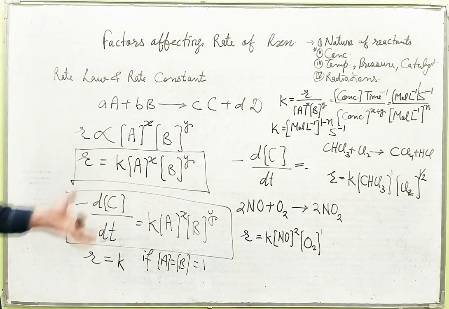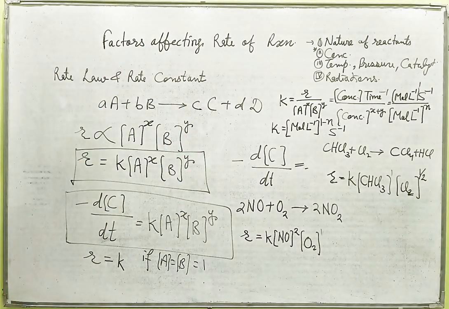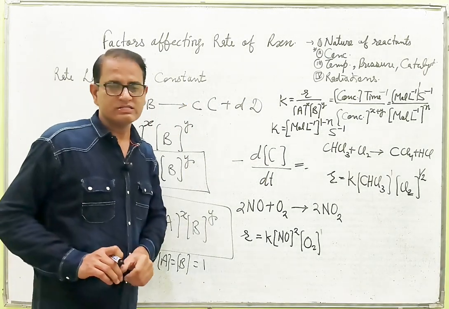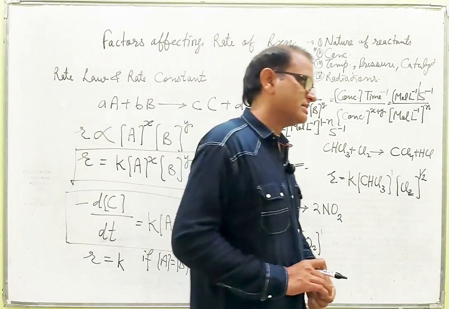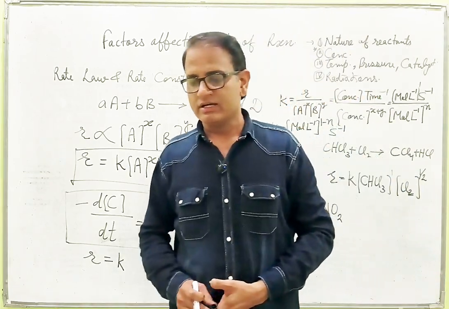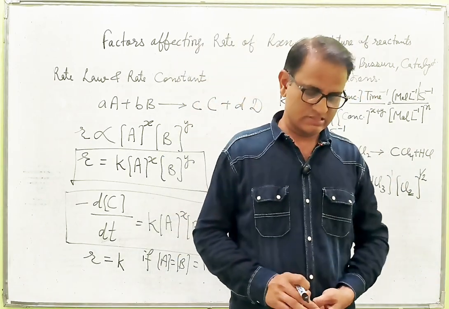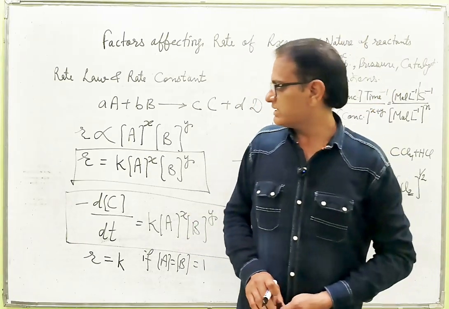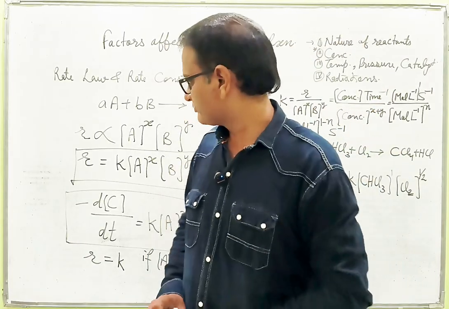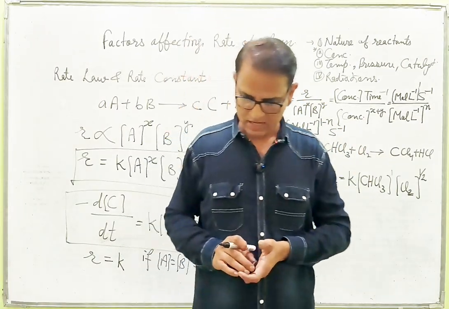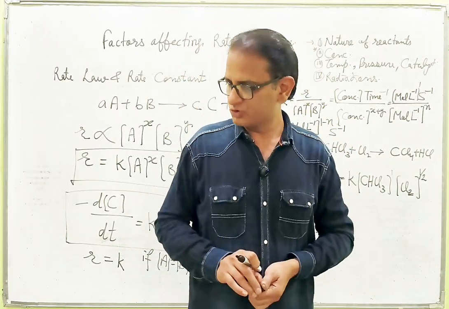It's quite a simple thing, and the most important things here are x and y, which is called the order of a reaction. In the next video we will discuss order of a reaction, zero order and first order reactions in detail. For now it is sufficient.